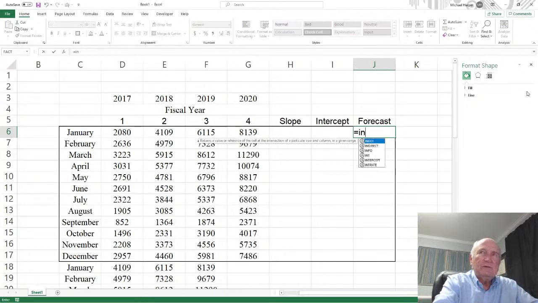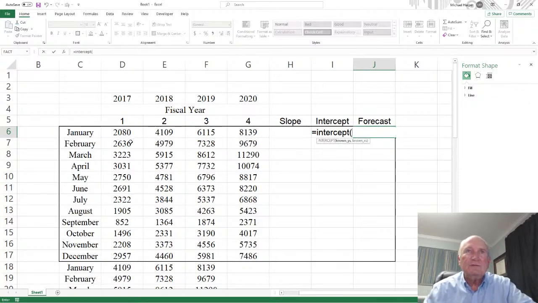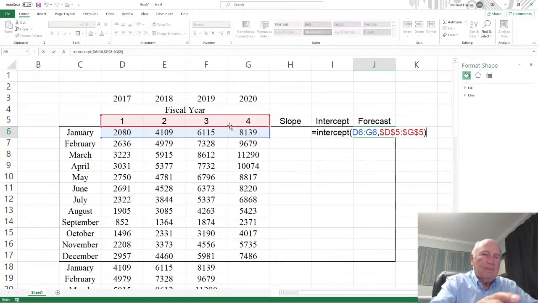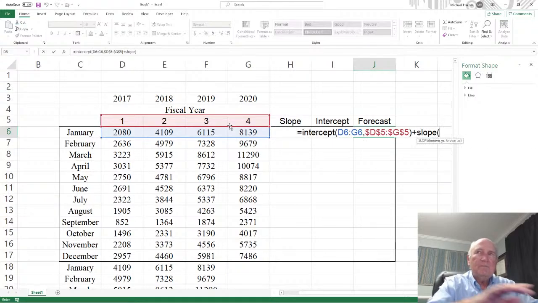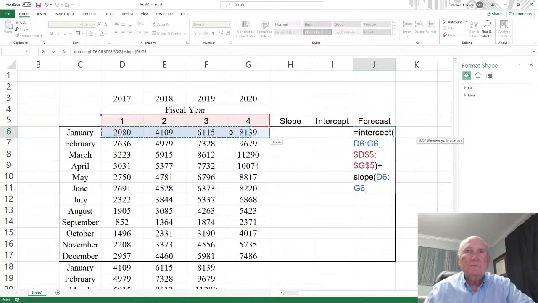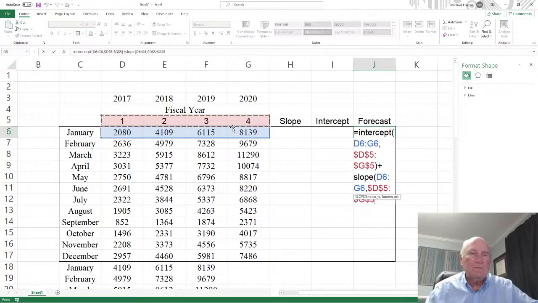Just the intercept of the y's are these, comma the x's are these, and F4 to freeze, and then plus slope, the y's, comma the x's, F4 to freeze, times the actual time period.